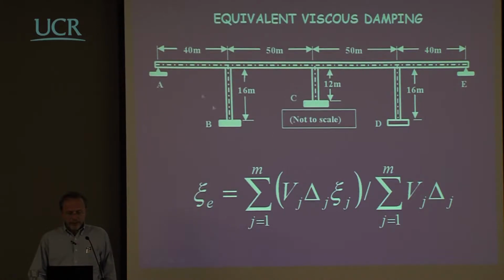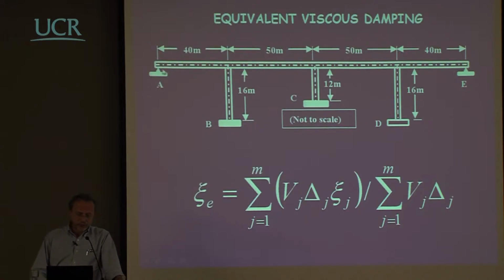If you have an irregular bridge like this, what you are normally trying to do is to consider each one of the systems made by soil, foundation, pier, and to try to see how this system responds, and therefore to be able to somehow represent this system with some sort of spring that could be linear or nonlinear, but is a spring anyway, and should be also characterized by some equivalent damping.